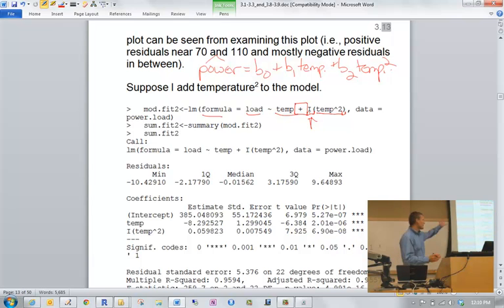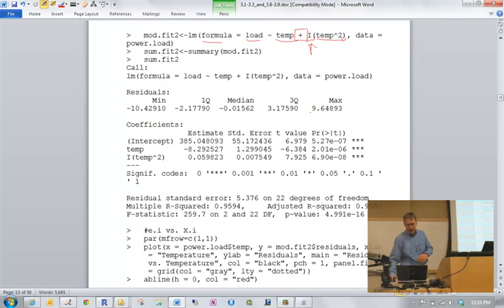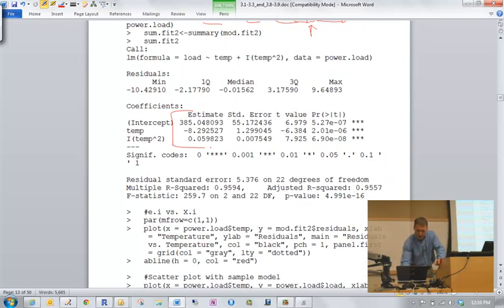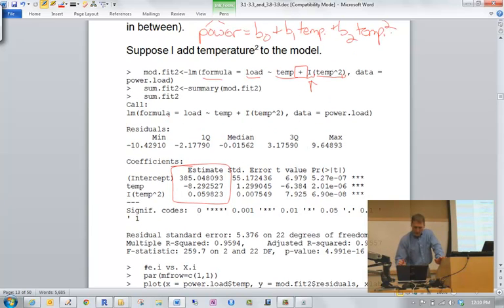Once you do that, I'm going to call the result mod.fit2. I'm going to summarize the fit, and here's the important stuff, located as you would expect. B0 is 385, B1 is negative 8.29, and B2 is 0.059.